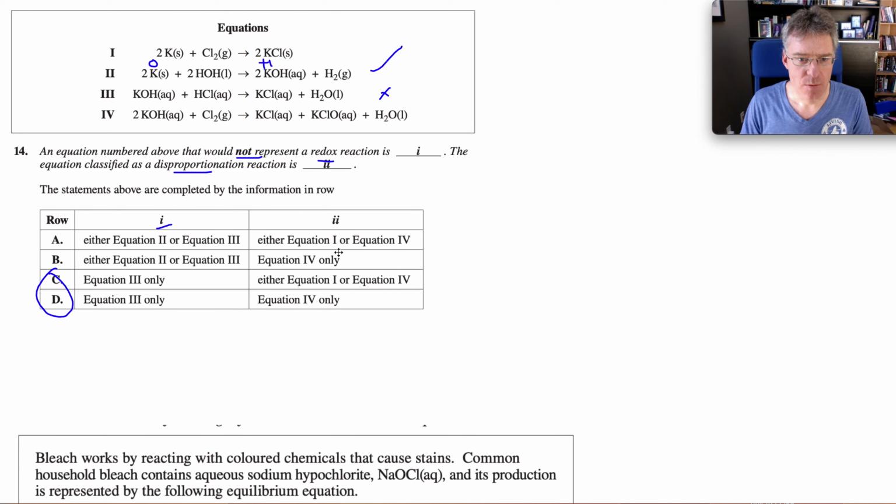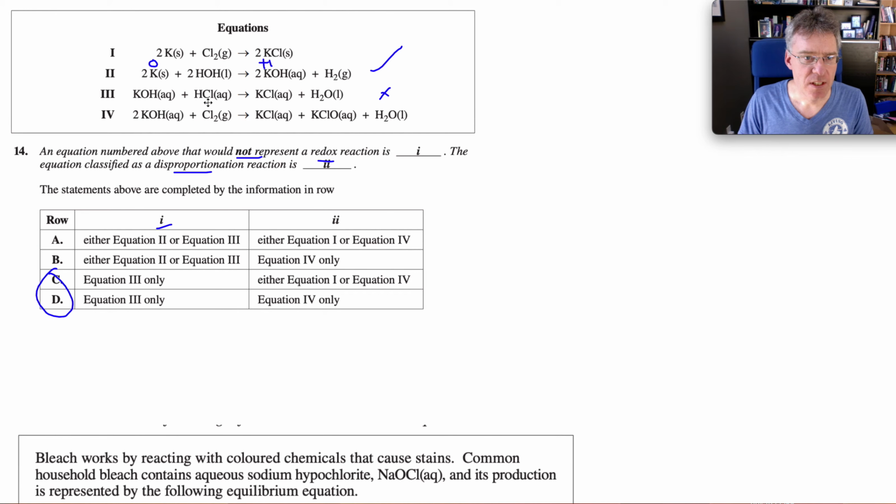Now we're looking at 1 or 4, or just 4. So we're focusing on the beginning and the end. Now we don't see any possibility of disproportionation in 1. We don't have an element that shows up twice with 2 different oxidation states on the product side. But we do have this in 4.